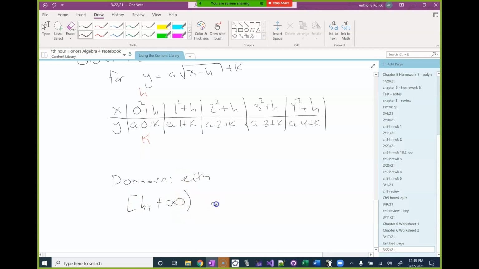So it'll be one of those two situations. And that's how we can tell. So if we're doing x minus h, it starts at h and goes forever. If it's h minus x, it started at negative infinity and stops at h.